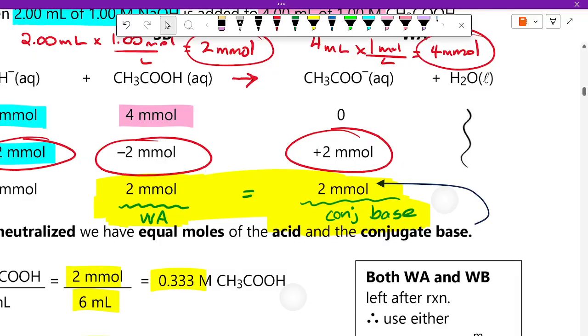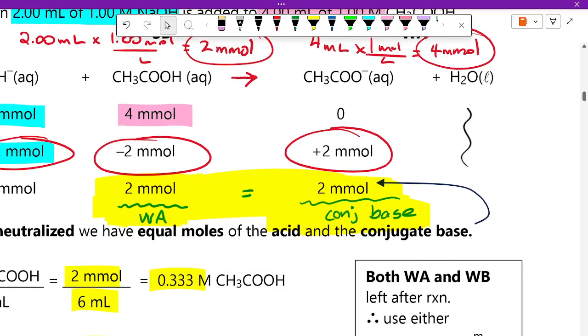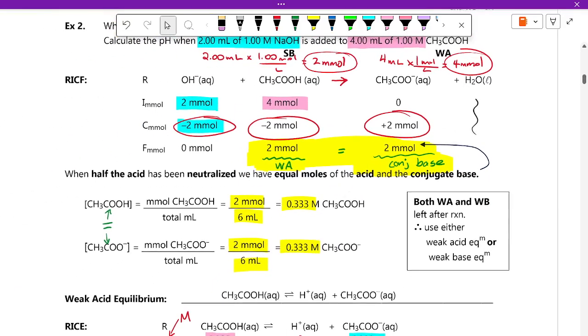So when we are halfway to the equivalence point, what is an equivalence point? That's the transition point. It's when all of the acid has been neutralized. The equivalence point, okay? So let's make sure we've got that somewhere.